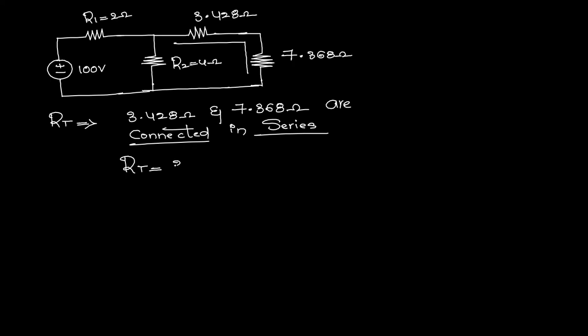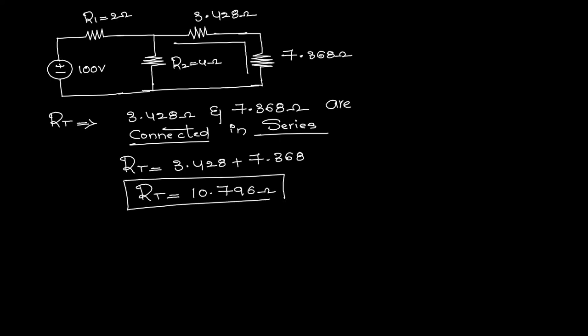So total resistance of this combination is 3.428 plus 7.368. If you add these two, then you will get the resultant RT is equal to 10.796 ohms.